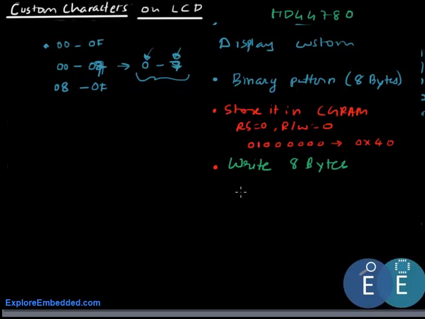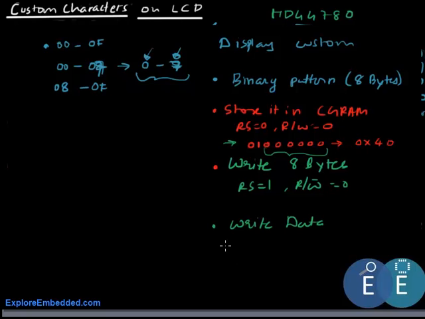It sets the address in CGRAM, and then you consecutively write 8 bytes. Since we are writing data, register select would be 1, read write would be 0, and it auto increments, so we need not worry; we consecutively write 8 bytes. To display a character, say the custom character stored at location 0 in the CGRAM, we simply need to send 0, because that is where the first custom character is stored.